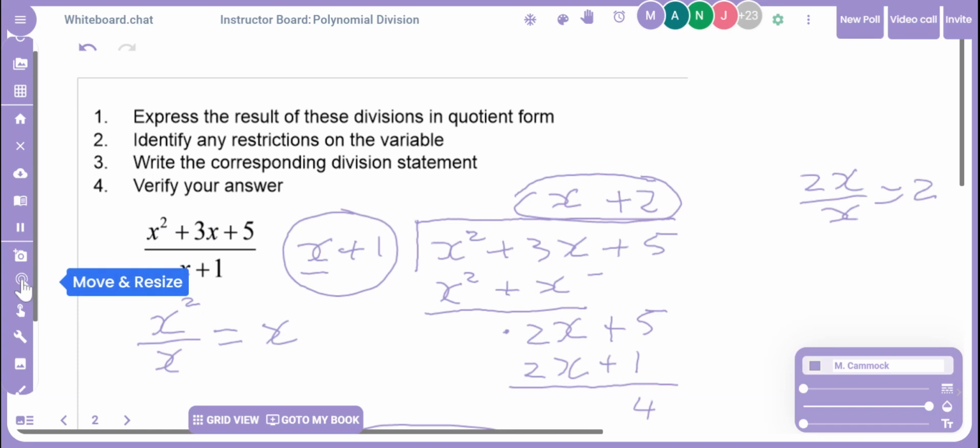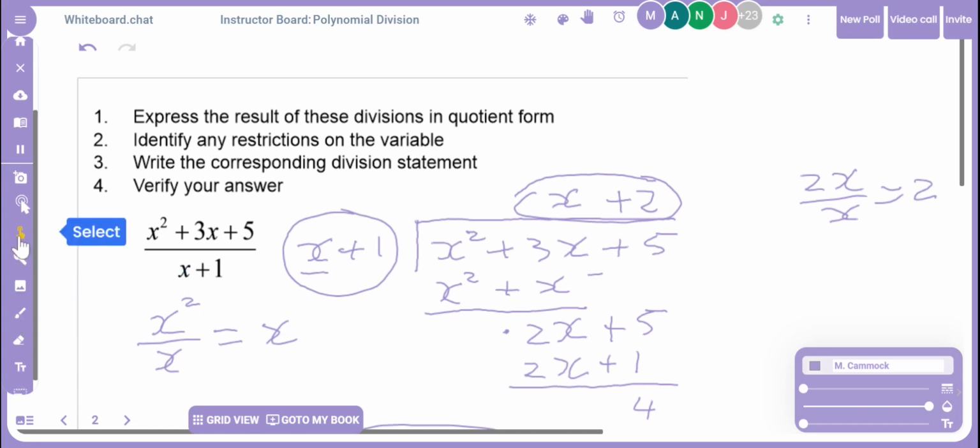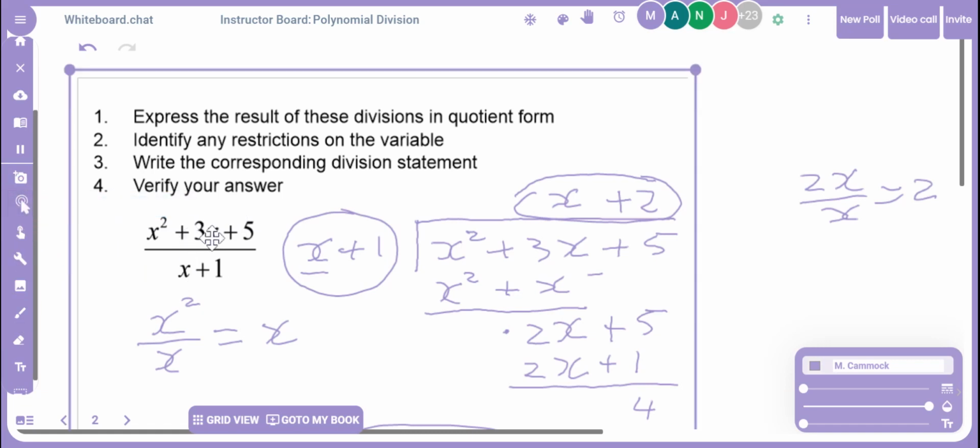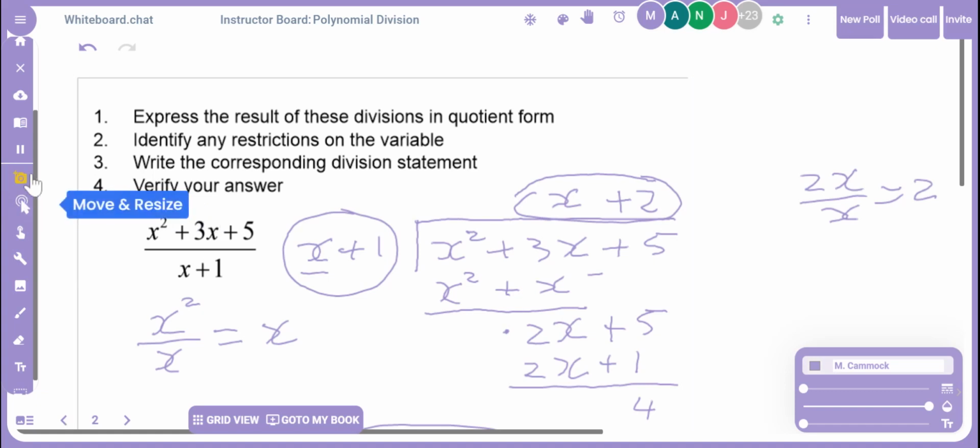If I press select, put my mouse here, no, that still doesn't show up on your end apparently. Select doesn't work. Move and resize, does that work? No, that doesn't seem to work either. All right, that seems to be one limitation of what we're doing right now.